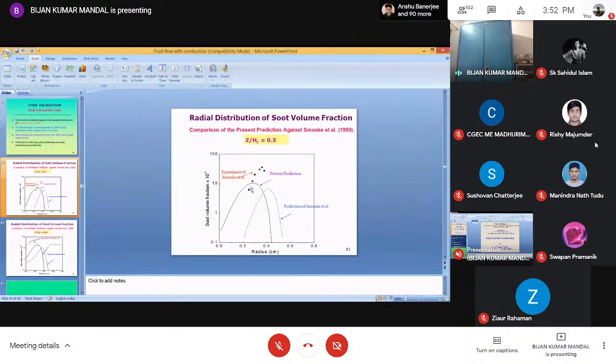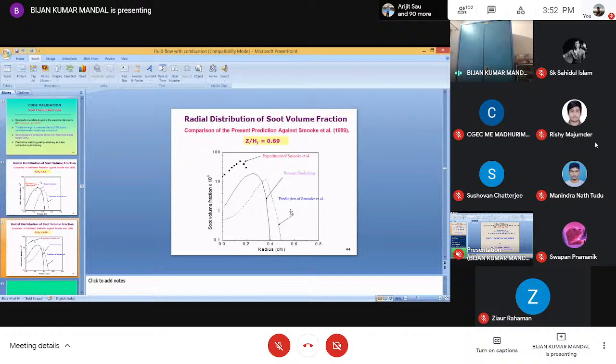So our one is in between. The experimental value is not available throughout the length, only in a smaller zone. And another one is on another height. So you can say that it is more or less qualitatively matching the experimental value and sometimes also quantitatively.